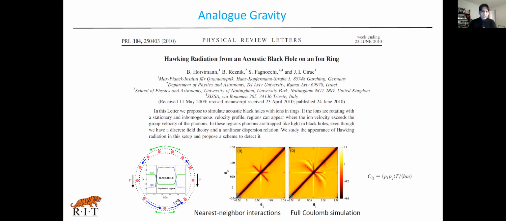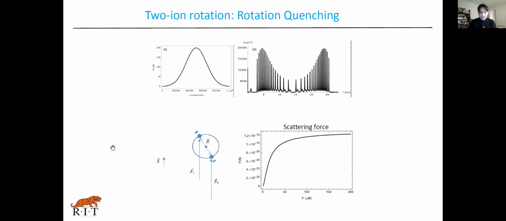So for this to work, the velocity profile has to be stationary but inhomogeneous. I interpret that to mean stationary means it stays the same over time, meaning it repeats itself, and inhomogeneous means it's not the same everywhere on the circle. That's exactly what we have here.